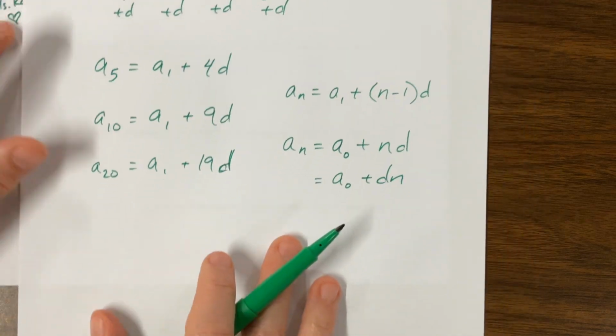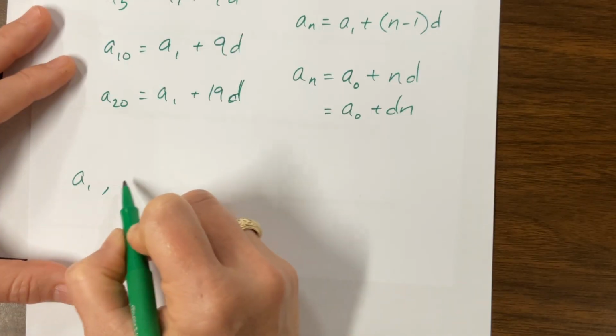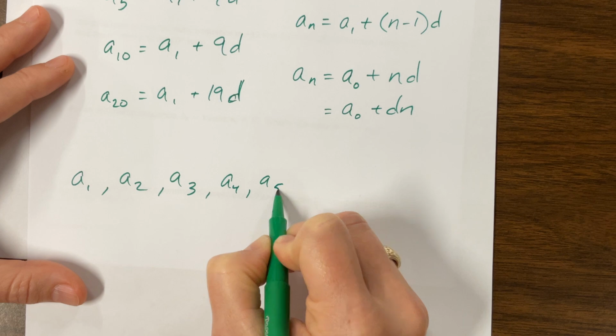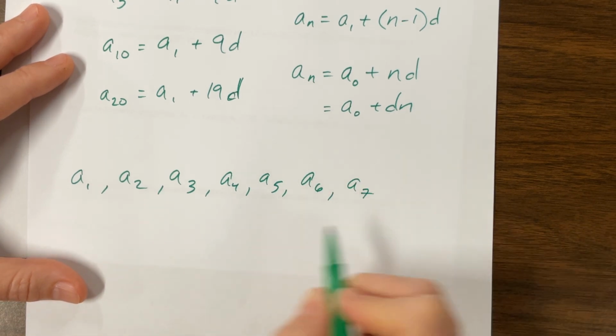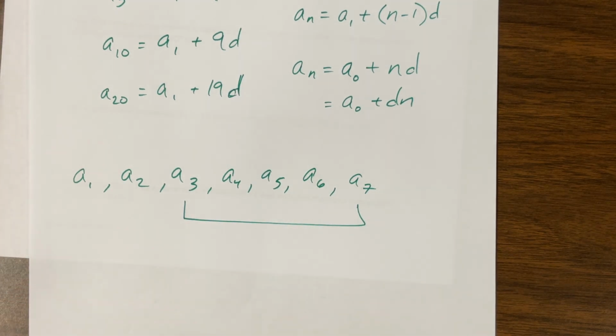We also like to ask, what happens if I'm at, let's say, A sub 1, A sub 2, A sub 3, A sub 4, A sub 5, A sub 6, A sub 7? Let's say I'm at the 3rd term and I want to get to the 7th term. My brain jumps to the answer.